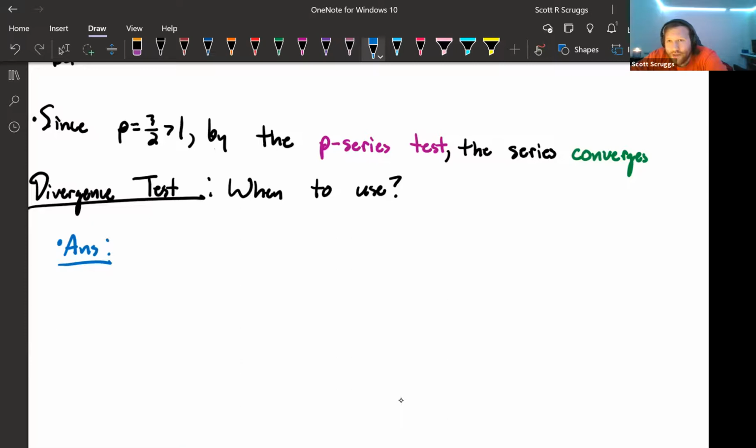And so the best way that I can determine when divergence tests will be used is to check the limit of the terms in my series and just try to take that limit as k goes to infinity.